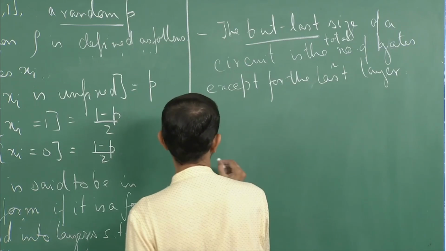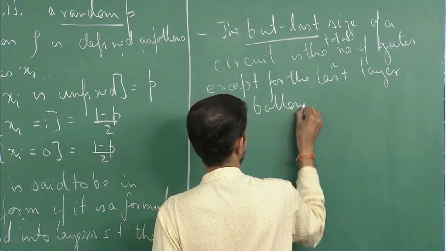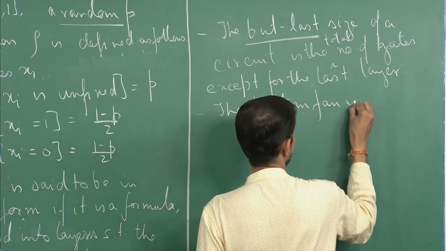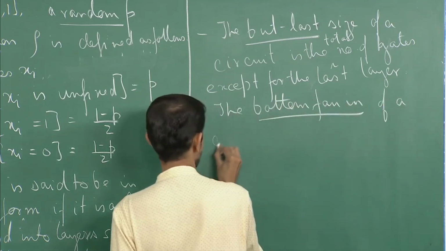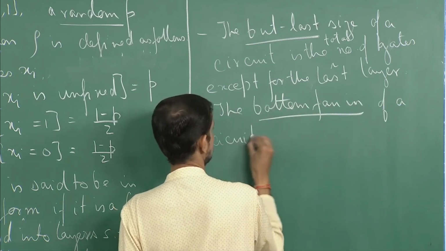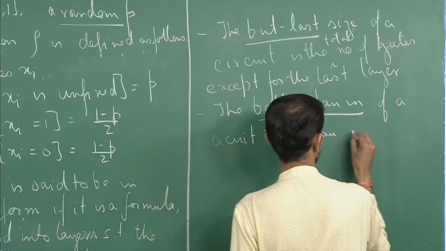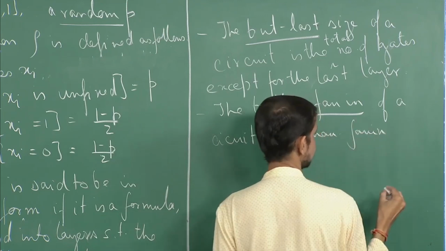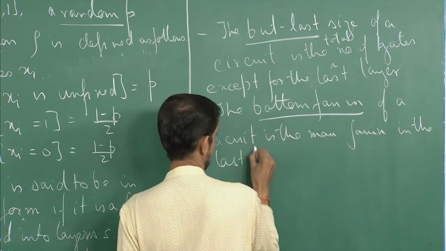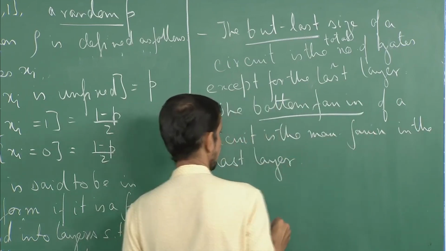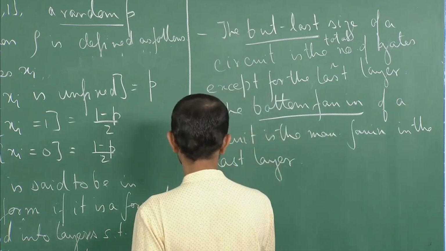And the bottom fan-in of a circuit is the maximum fan-in in the last layer. Okay. So, let me give a quick example to demonstrate these terms.